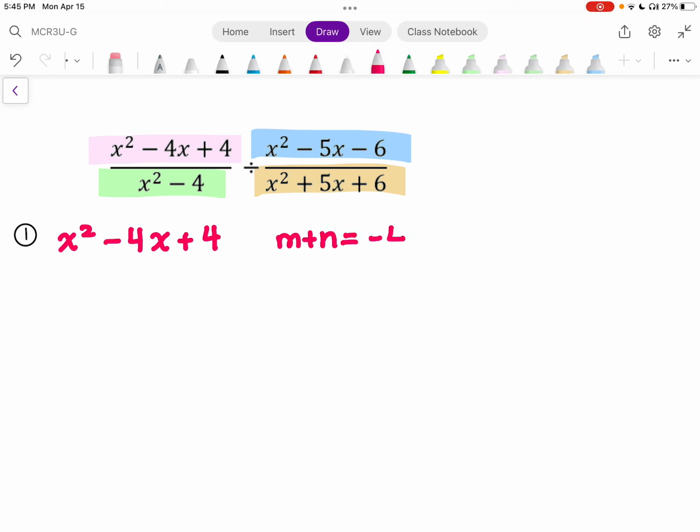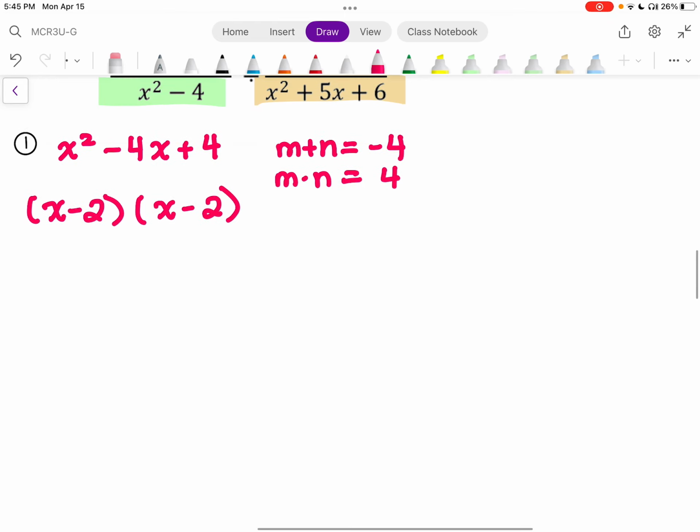This is for clarity. We know it's a simple trinomial, so it's just going to be 4, right? So two numbers that multiply to give me positive 4 and add to give me negative 4 are going to be negative 2 and negative 2. This is also a perfect square trinomial, so we can factor this into x minus 2, x minus 2.